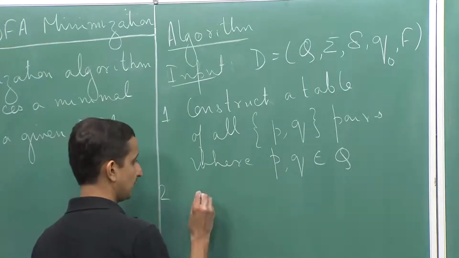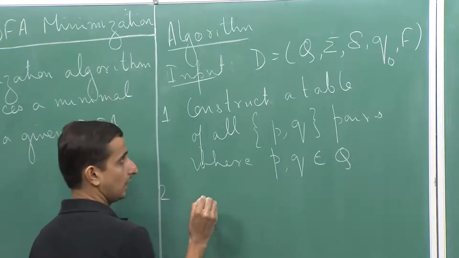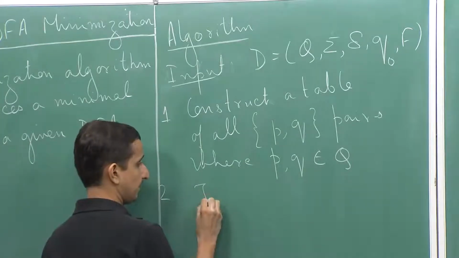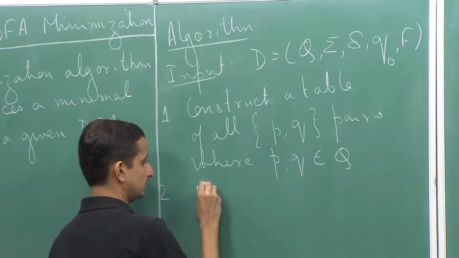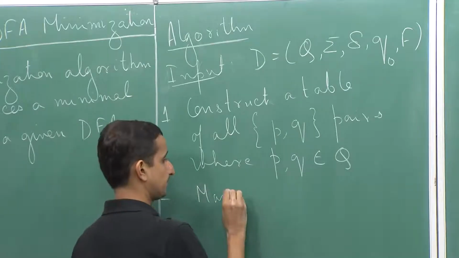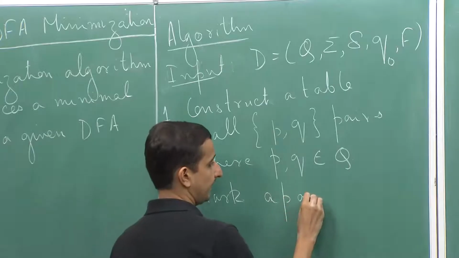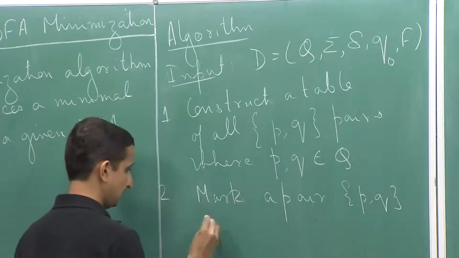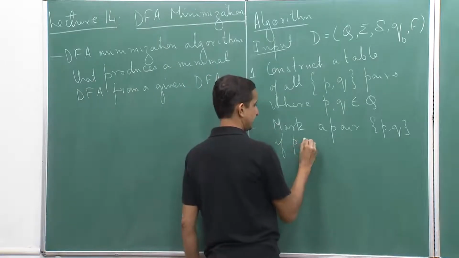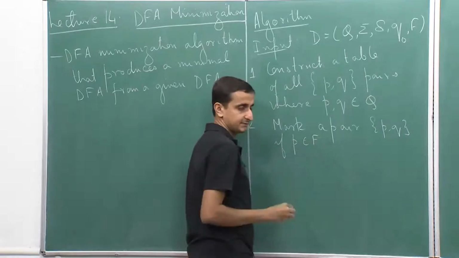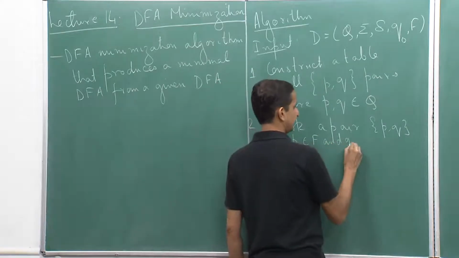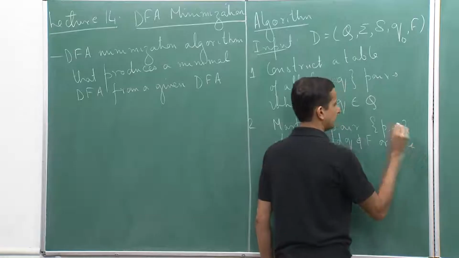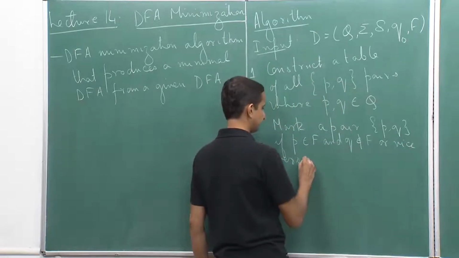Now, mark a pair p, q if p is an accept state and q is not an accept state, or vice versa.